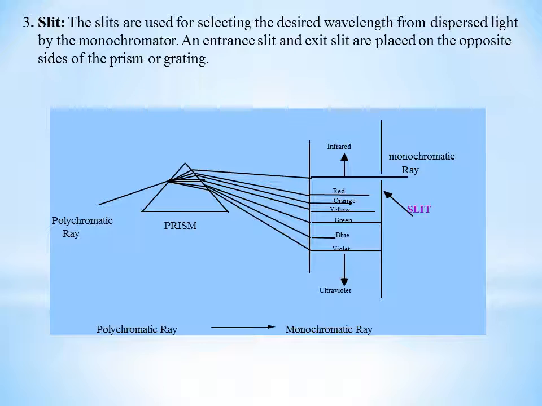The exit slit is a movable slit, so depending on whichever wavelength we want, we can move the exit slit and select our desired wavelength. So now the polychromatic radiation is converted into monochromatic, which is what we actually want, and then that monochromatic radiation will pass through our sample.